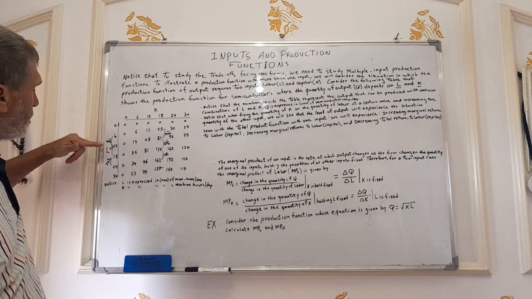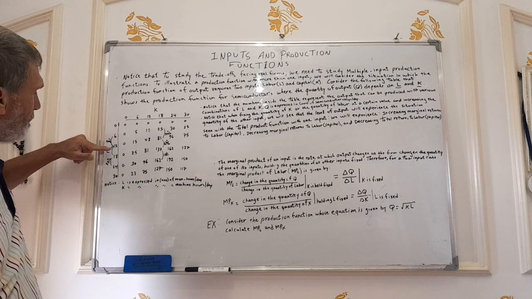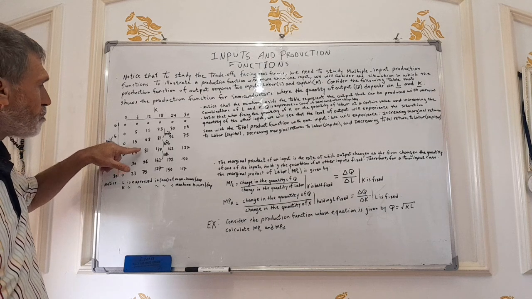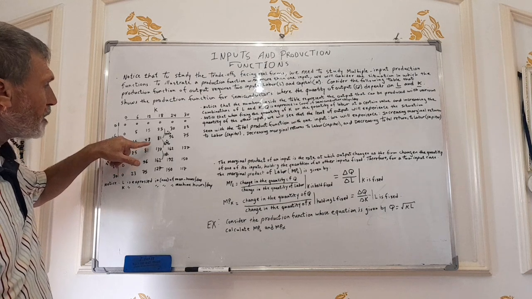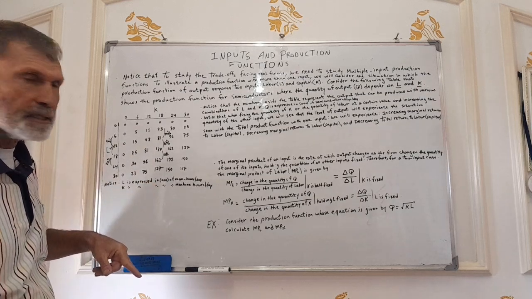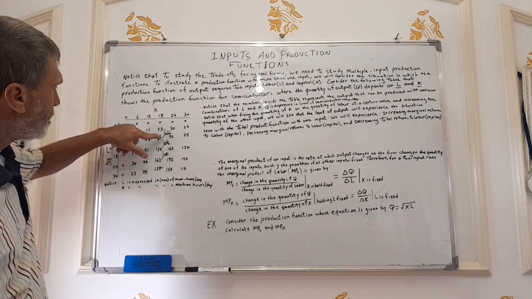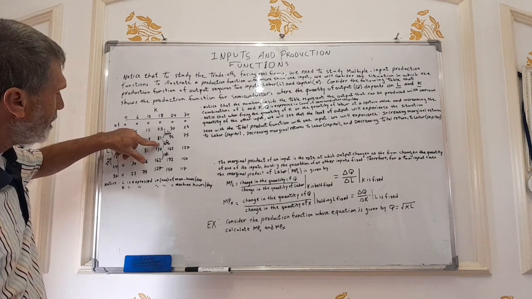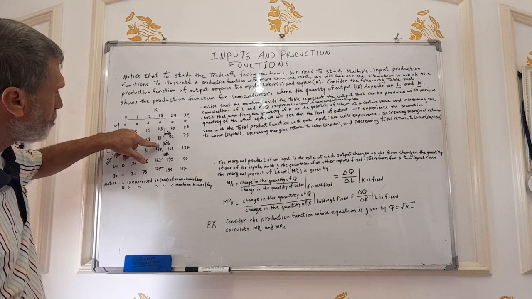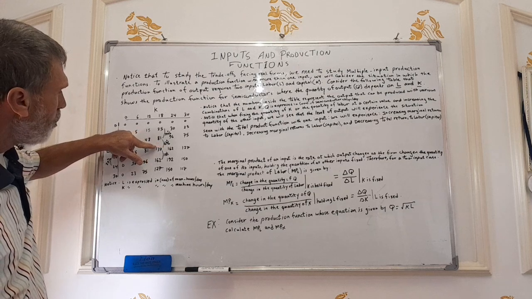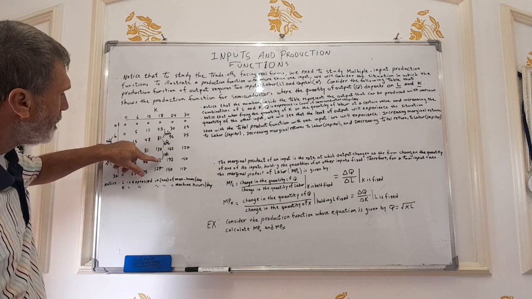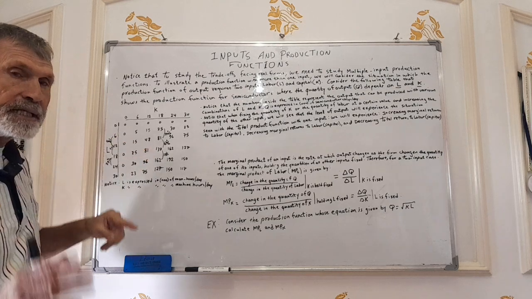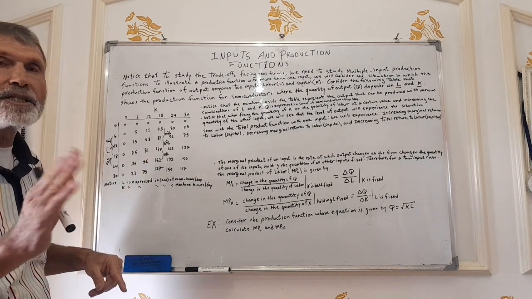The region from 12 to 24 experiences output increasing, however, it increases at a decreasing rate. Look over here, from 81 to 137, the percentage increase in output is 69%. What about from 137 to 162? It is 18%. The output increases, but it increases at a decreasing rate.